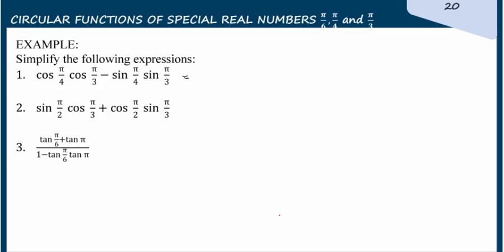Again, where is our cosine of pi over 4 located? So, our pi over 4 is here, right? And then, we know that the value there is square root of 2 over 2. So, our cosine of pi over 4 will be square root of 2 over 2. And then, if you're looking at cosine of pi over 3, that means it's here.